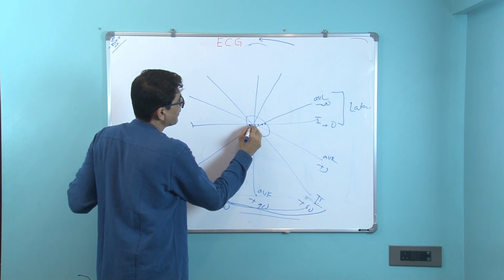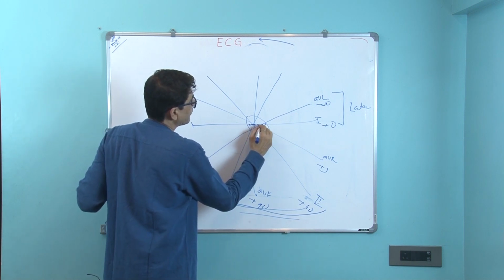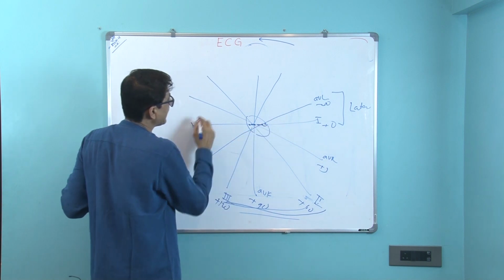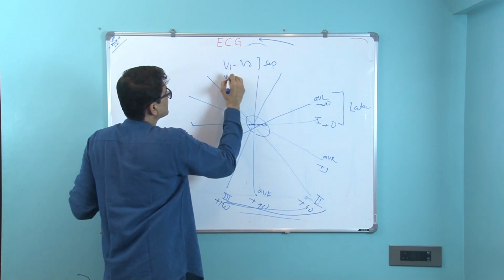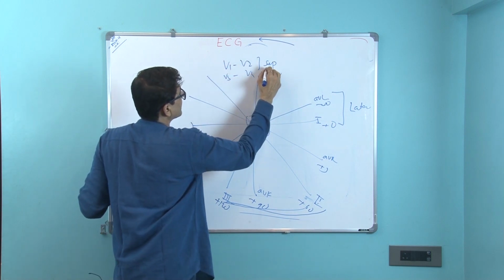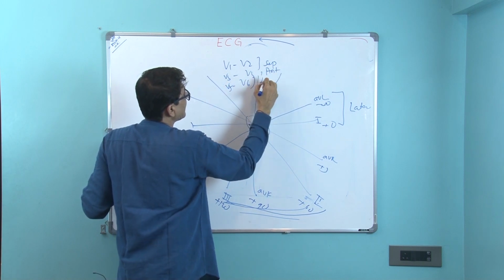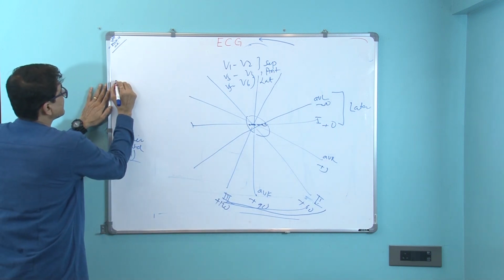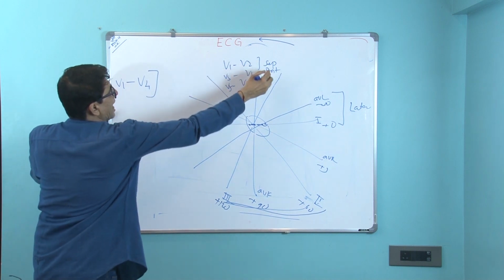V1, V2 is septum, V3, V4 anterior and V5, V6 lateral.